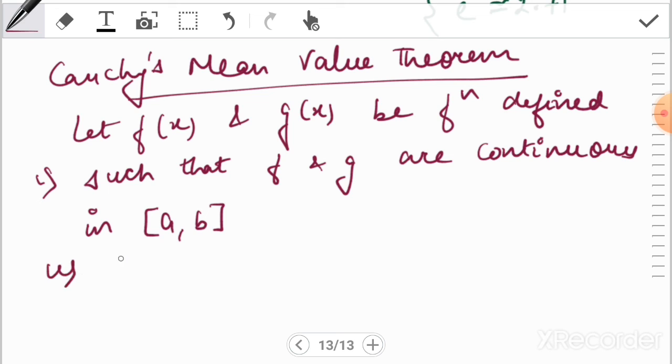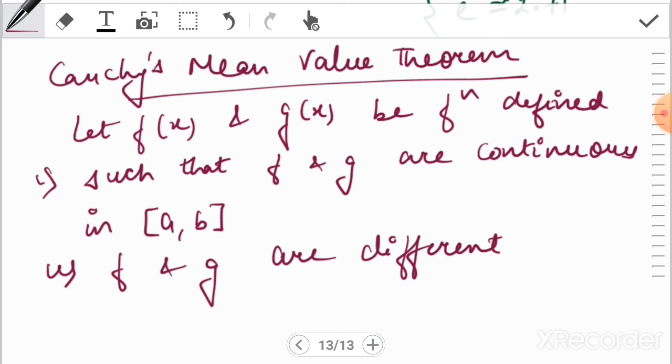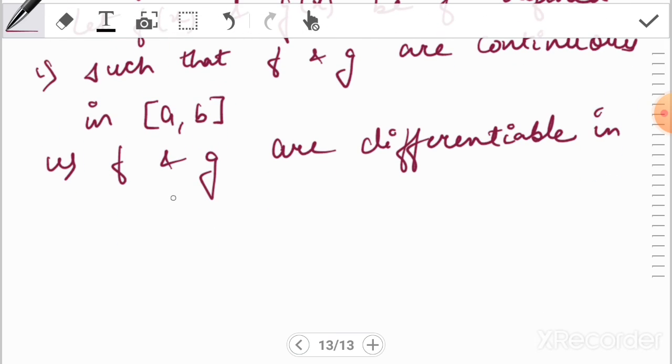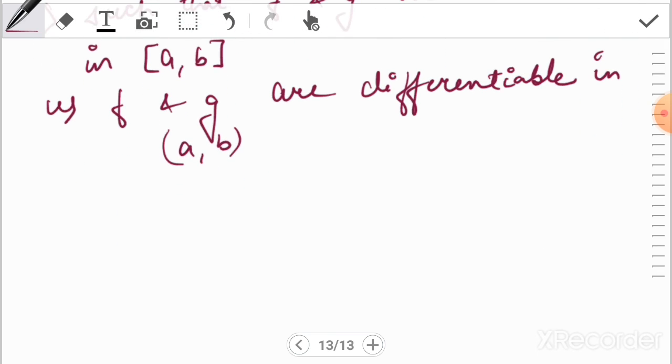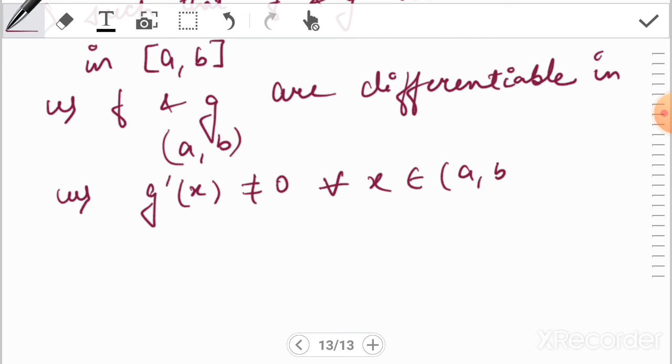Second, f and g are differentiable in the open interval (a, b), and also g'(x) is not equal to 0 for all x belonging to (a, b).